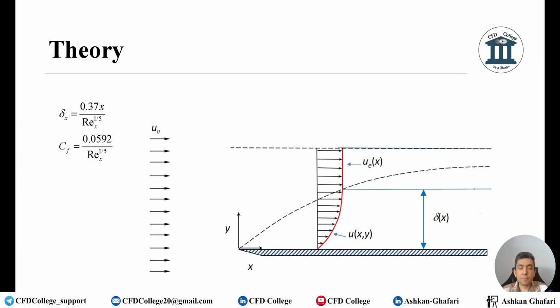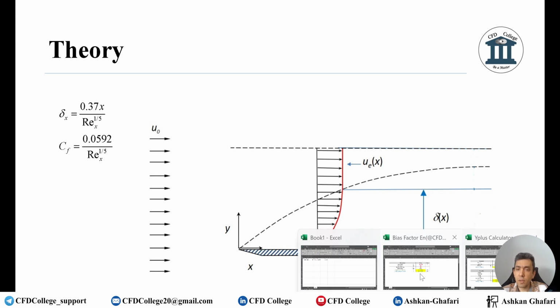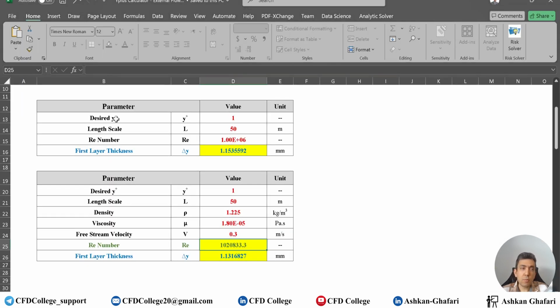To do that, you need two Excel files. I have provided these for you. The first one is the y plus calculator. It calculates the first layer thickness with respect to your desired y plus. So for example, the Reynolds number is 5 million in this project.